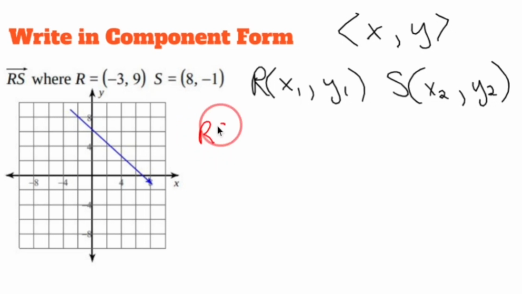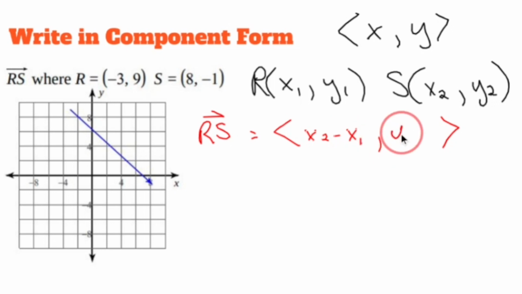In this case, we're looking for RS in component form. This is not a formula you'll necessarily find on the internet, although I'm sure many websites would have it. This is just how I decided to do it. The x value comes first: x sub 2 minus x sub 1, comma, y sub 2 minus y sub 1.